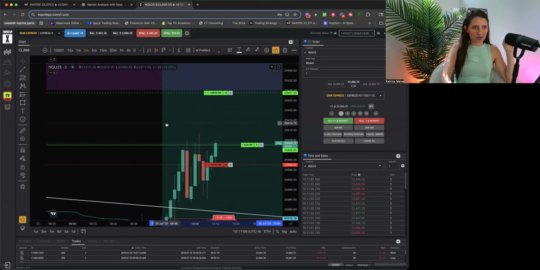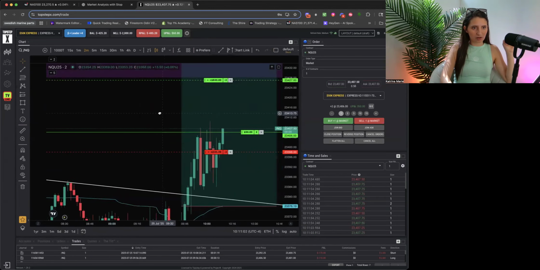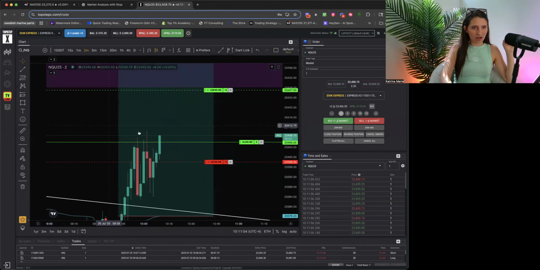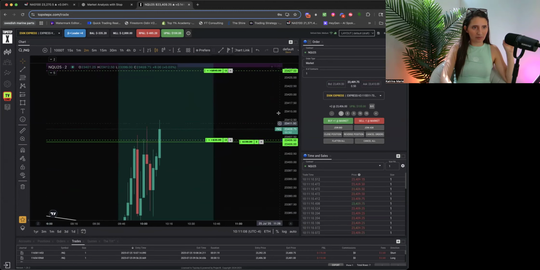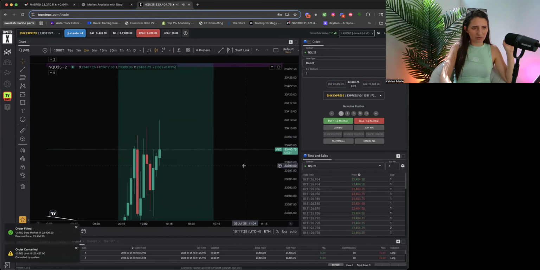I forgot this stupid thing. Makes it so I can't actually manage my trade right. Pull the break even. What the heck?